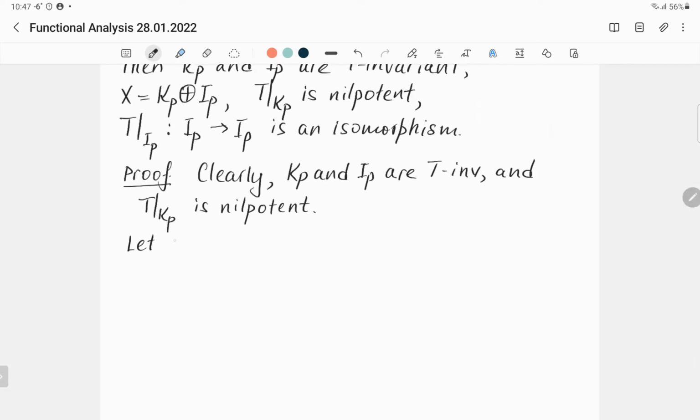So let's take an element x in our space, and let's apply T to the power P to x. Well, T to the power P of x clearly belongs to Ip. And by construction, Ip is equal to the image of T to the power P. So this implies that T to the power P of x is equal to T to the power 2P of y for some element y in our space.